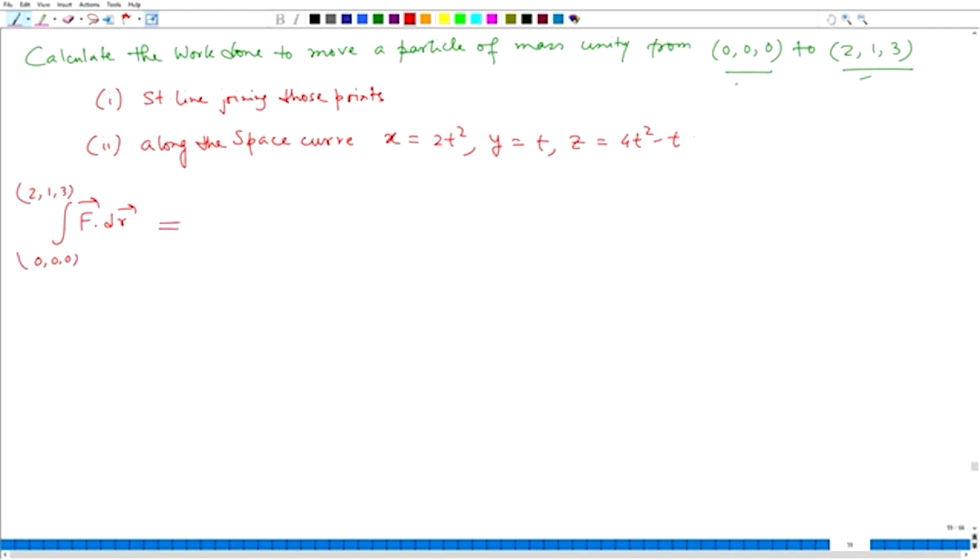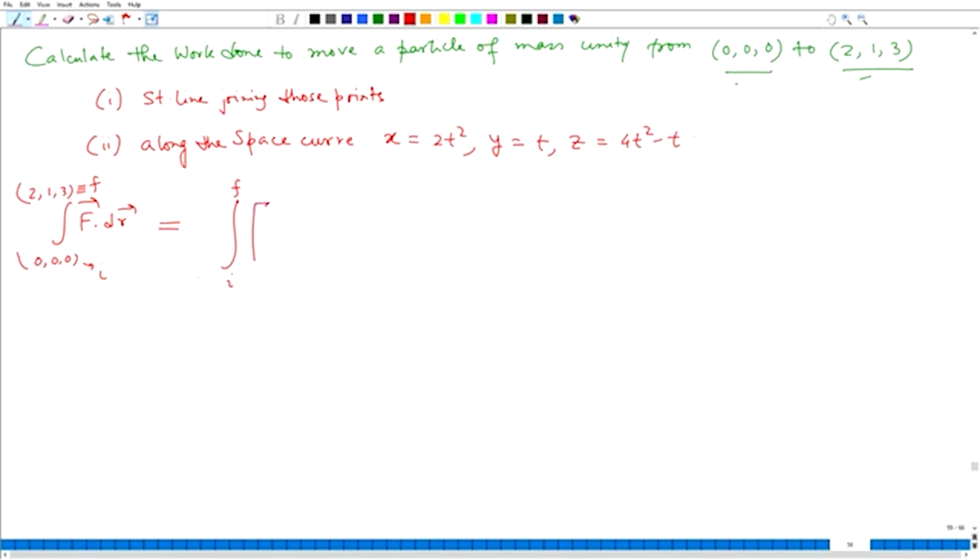So, I can call that point i and this as point f. So, instead of writing this every time, I just write this from i to f, and then I will say that this F is this one.